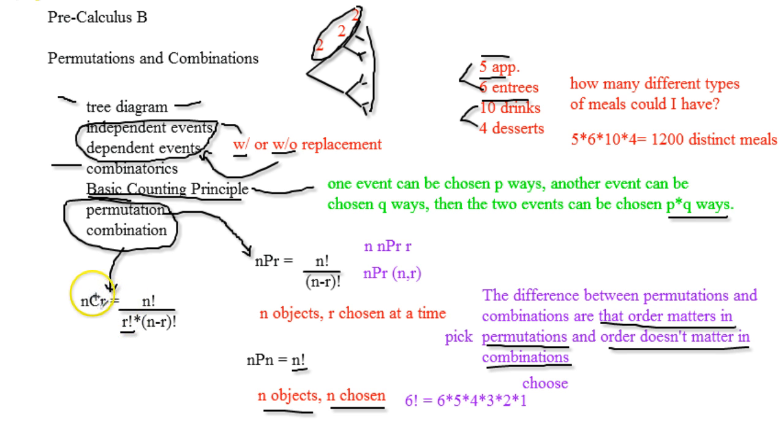The reason is that this takes care of the order not mattering. So if we're choosing numbers between 1 and 10, and we only want to choose 3 of them, how many possible combinations could I have? 1, 2, 3 would be the same as 3, 2, 1, so we divide by r factorial. Whereas if we cared about order, 1, 2, 3 would be different from 3, 2, 1, so that's why we don't have the r factorial here. Okay, let's actually work on some problems.